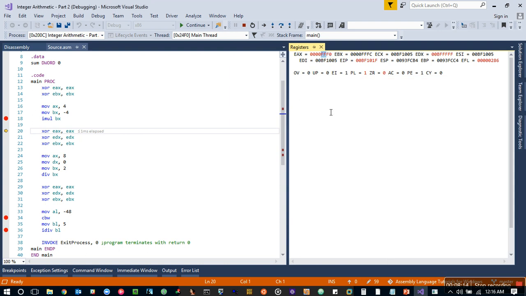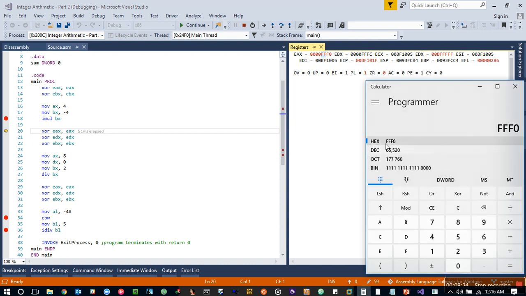And I will tell you one thing: when you add something like -4 to 8, what happens? Let me show you that, in case you are not aware. I have a decimal here, -4, which is FFFC. As you can see towards the binary part, 1100.